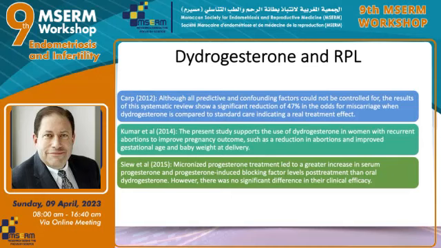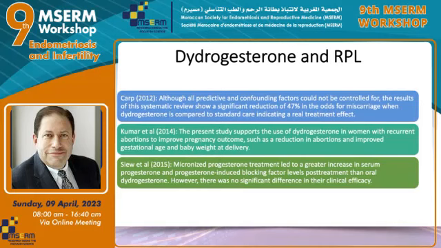who did use dydrogesterone. This was followed up by Kumar in 2014, which showed that the use of dydrogesterone in women with recurrent abortions did improve outcomes, reduced spontaneous losses, and improved the gestational age and baby weight at delivery.